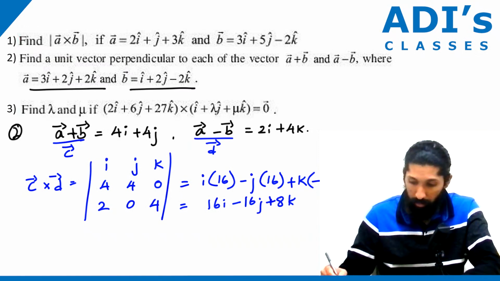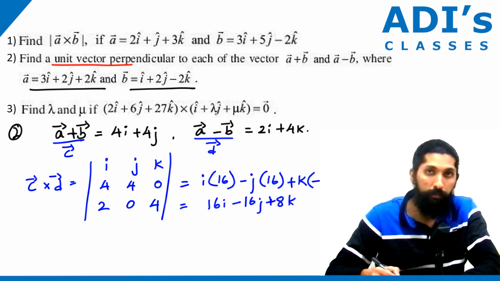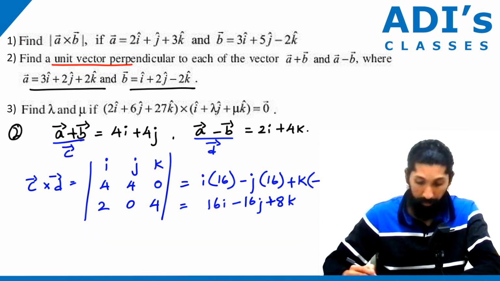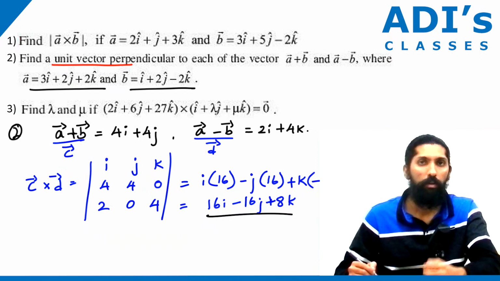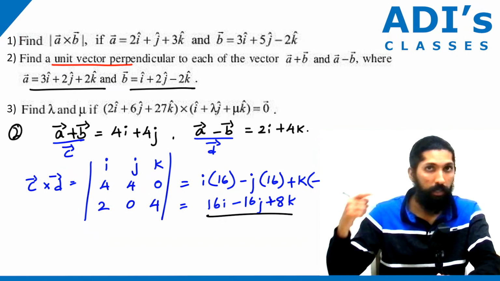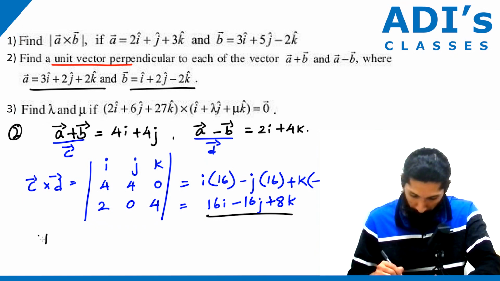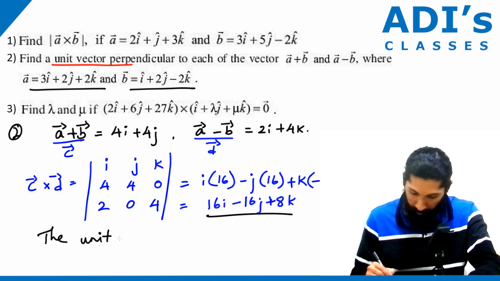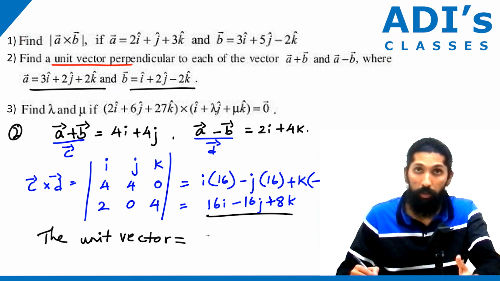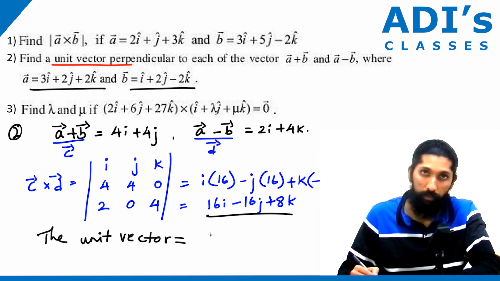Alright. But it's not just the vector they're asking for. They are asking for a unit vector. How do you find a unit vector? Vector A by mod of A, correct? In this case, the vector is not the given vector, but the vector you found, which is perpendicular to both A plus B and A minus B. So the unit vector will be equal to, remember, you have to calculate the modulus, which is root of ax square plus ay square plus az square, correct?